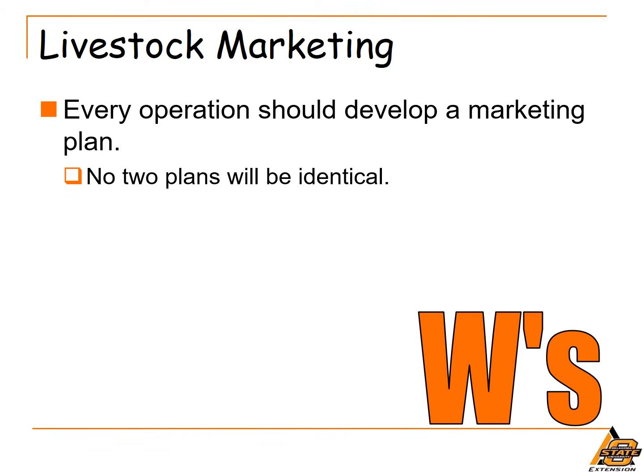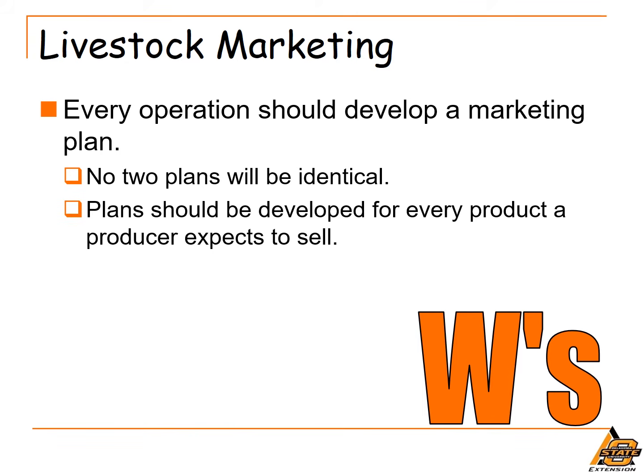When we talk about livestock marketing, every operation should develop a marketing plan that encompasses everything that they sell. Even though there might be similarities in your operation to other operations, no two plans are going to be identical, so everybody should evaluate their plans based on their own operation.